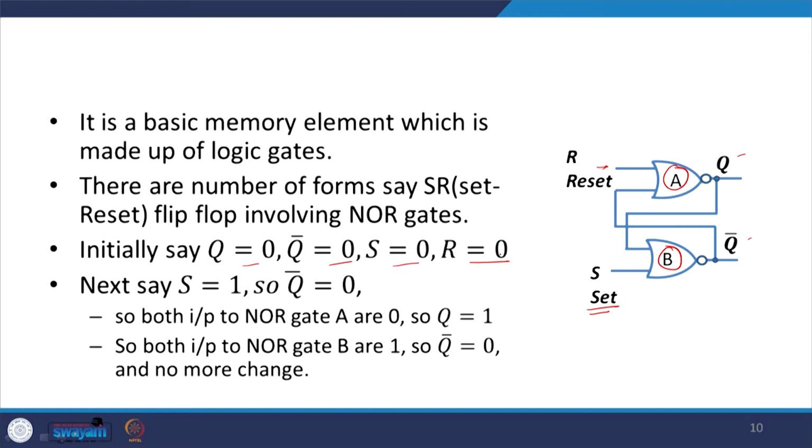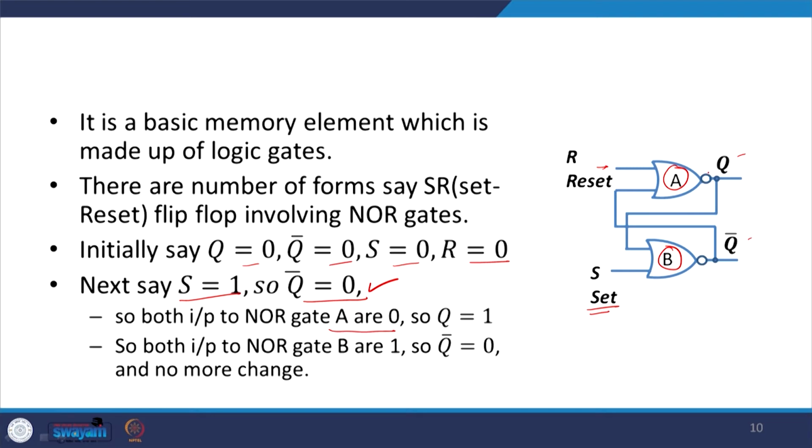Next, say we have S is equal to 1. So, this is 1 and this is 0. The OR gate output is going to be 1 and the inversion is going to be 0. So, Q bar is going to be 0. So, both inputs to the NOR gate A are 0, this is already 0 and this Q bar is 0.